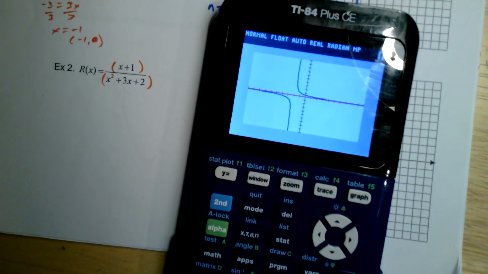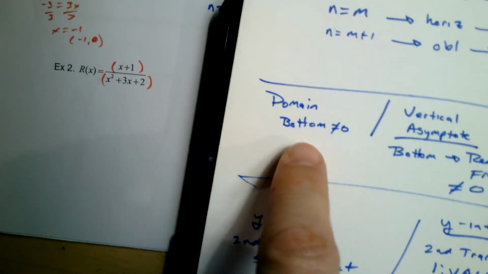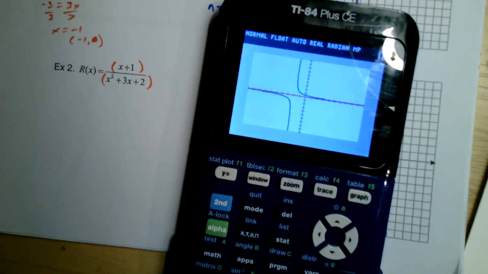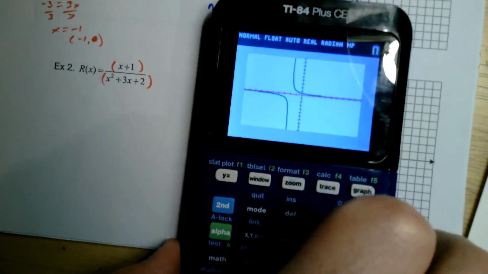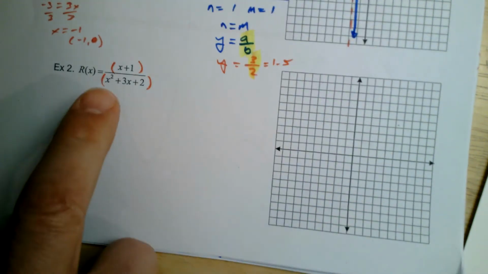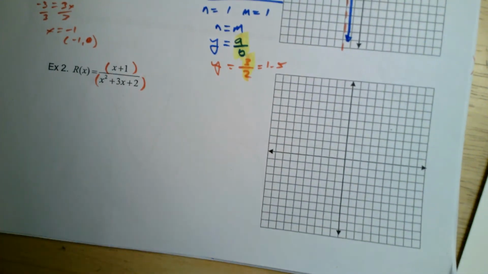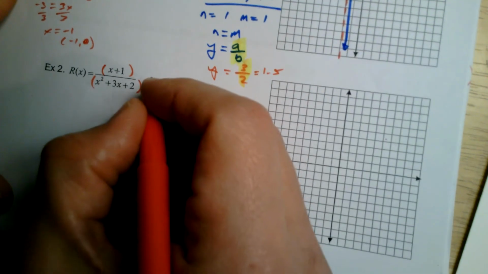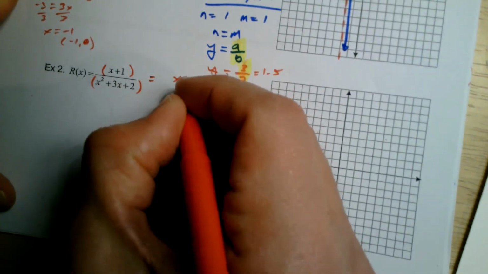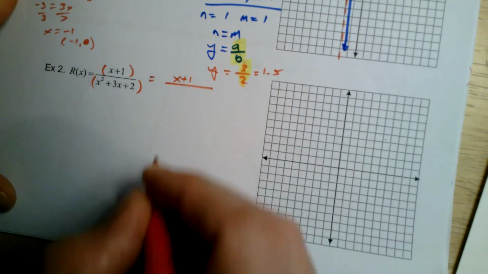All right, domain. My cheat sheet says, okay, domain, bottom can't be 0. All right, so let's do a little factoring. Factors of 2, y'all, that add up to 3. Shout them out.